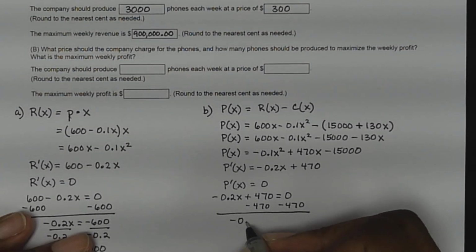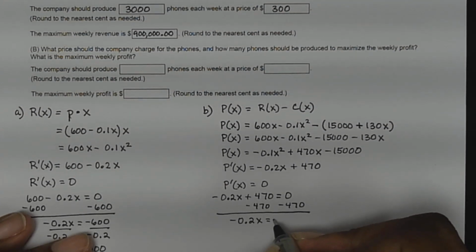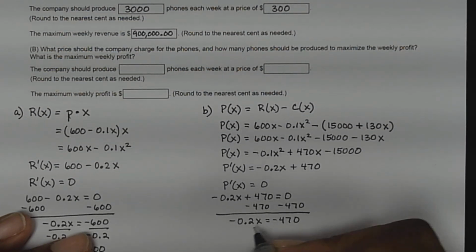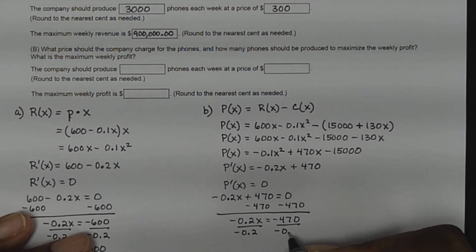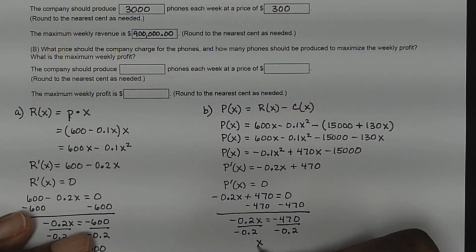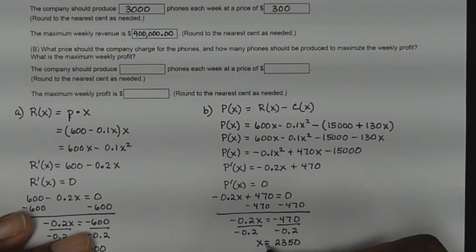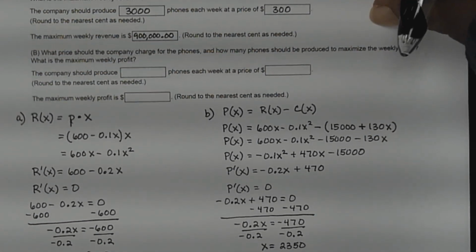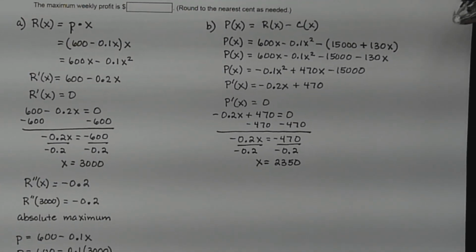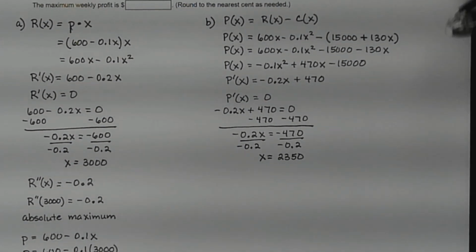So negative 0.2x is equal to negative 470. Divide both sides by negative 0.2. You'll get x is equal to 2,350. That's going to be our critical number here.